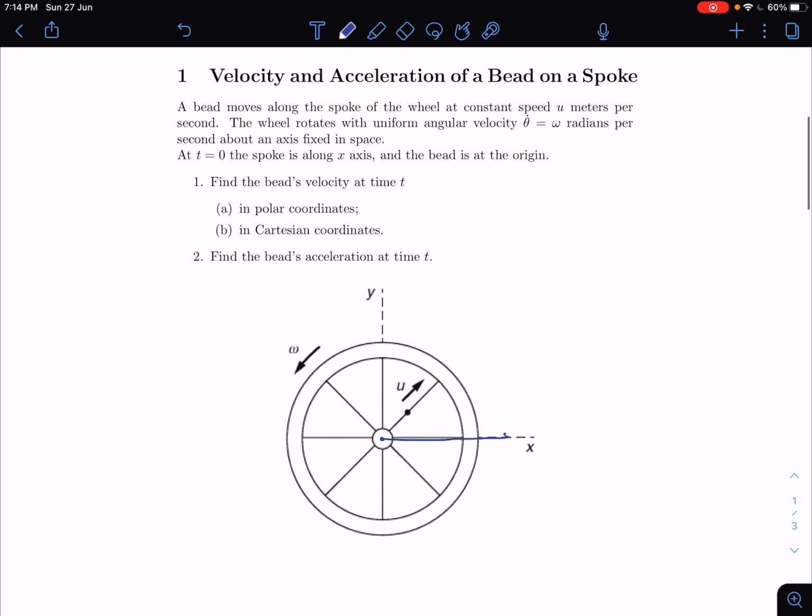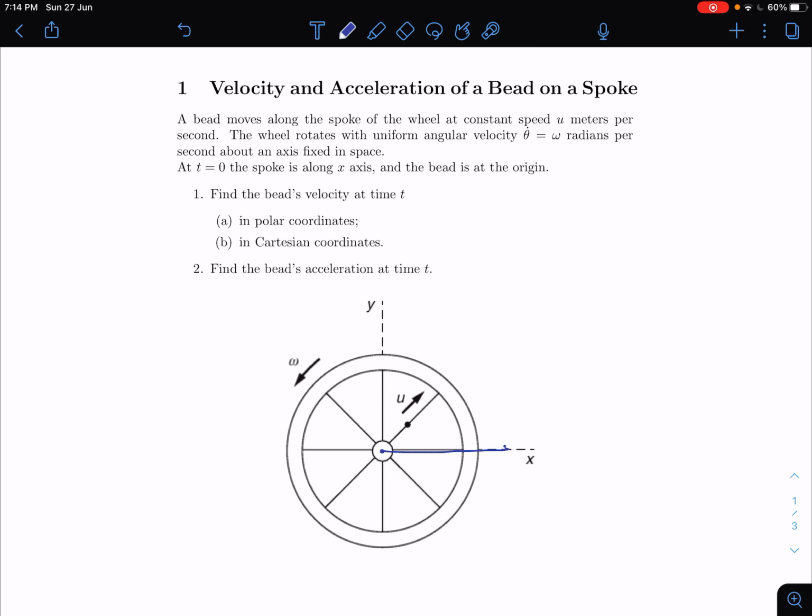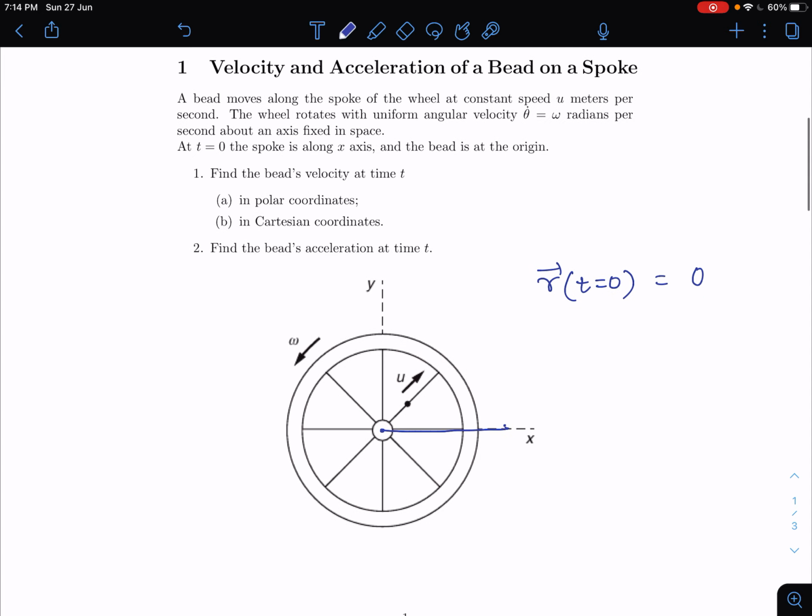So here the r at t equals to 0 is 0, right, since it was at the origin. Now our radial velocity, that is dr by dt, is u.